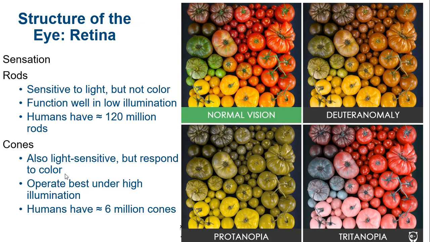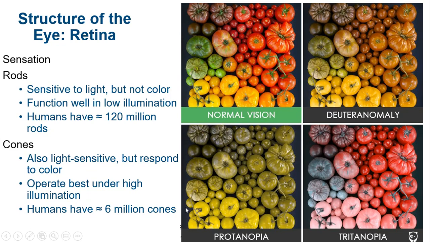For example, they don't see the color red because the cones for red don't exist in their eye, in their retina. But sometimes they do have the cones for red. It's just that the cones for red aren't very sensitive.